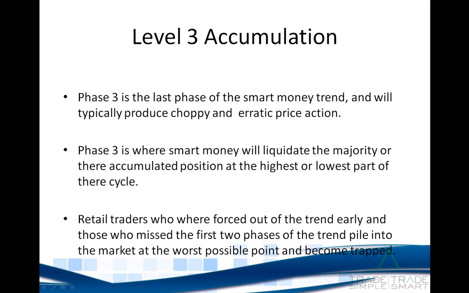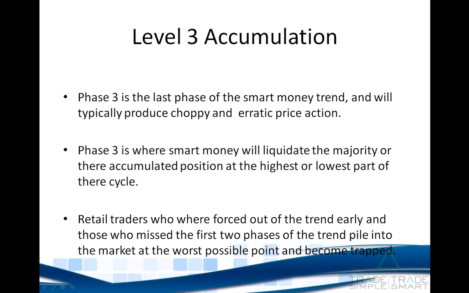So if you can imagine a trader who was in phase 1 and got manipulated out of the market, may have then tried again at the beginning of phase 2 and again got manipulated out of the market. By the time they get to phase 3, they have seen 3 levels of rise, or they've seen a substantial bull or bear market, and those who were hesitant and those who have been manipulated out of the market will want to get into the established trend.